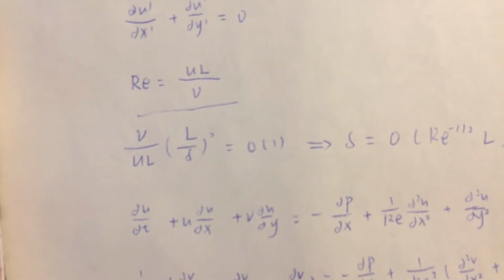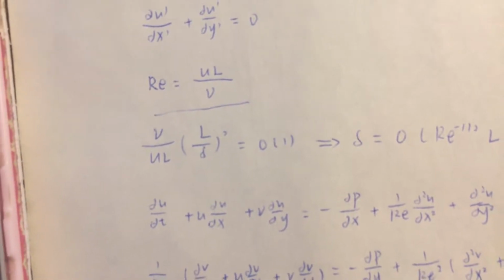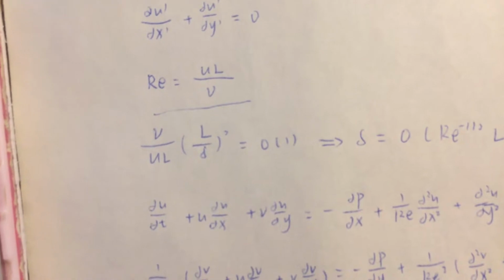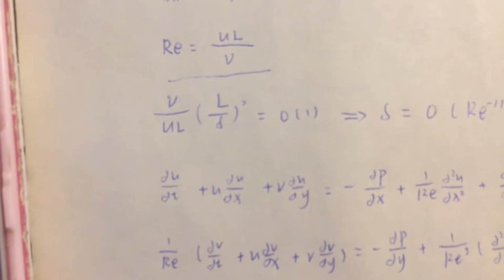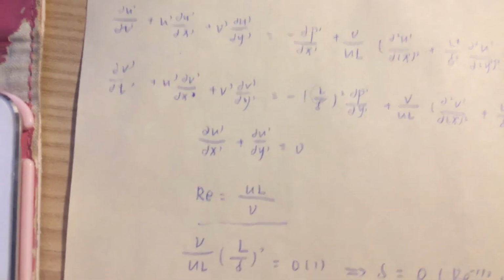So inside the boundary layers, the viscous forces balance inertial and pressure gradient forces. That is, the inertial and viscous forces are of the same order.